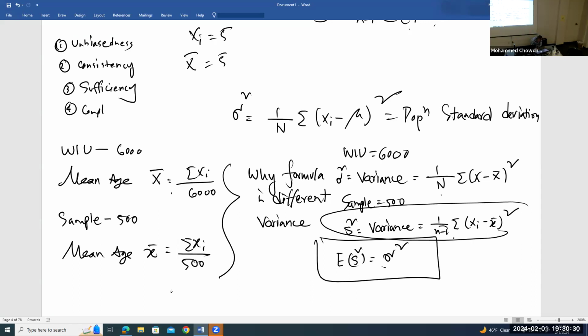If you replace n minus 1 by n, so 1 over n minus 1 is replaced by 1 over n, then it is not an unbiased estimator. Understand? It is coming from unbiasedness, and I will give more explanation for that.